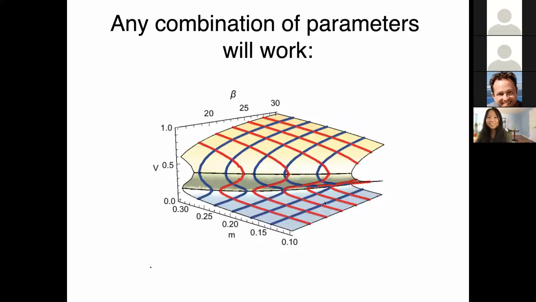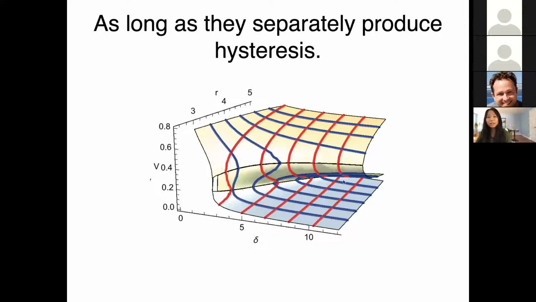So we actually tested this with all of the variables in the model and found that any combination of parameters could produce similar results. So here are the satiation rates and mortality rates for the predator, for example. And you can see how the different forms can appear from these cross sections. And the only requirement is that each of the parameters should separately result in hysteresis.